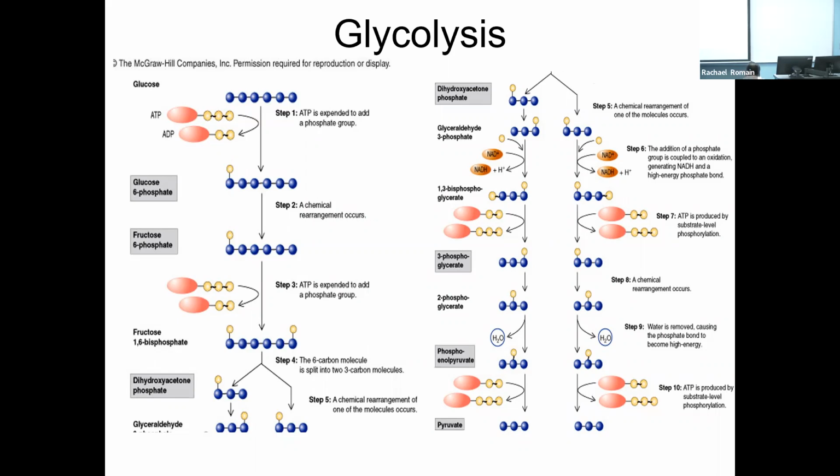You see 6 blue circles up here. We still have 6 blue circles down here. The carbon hasn't went anywhere, okay? All we've done is break this molecule up into two components. Now, each one of these components is moving into our next phase. Okay?